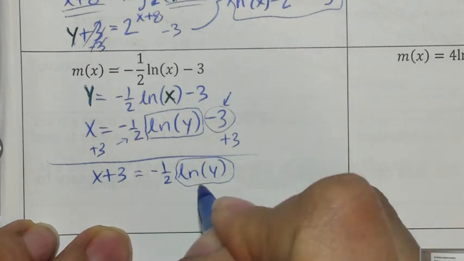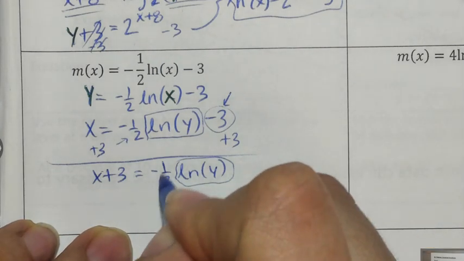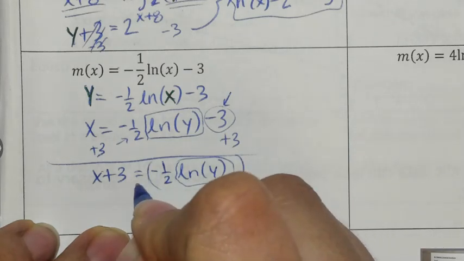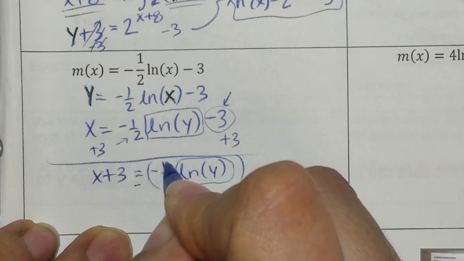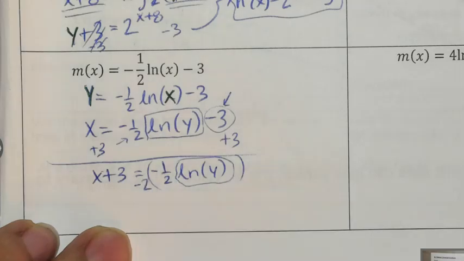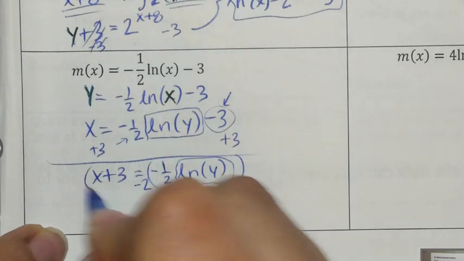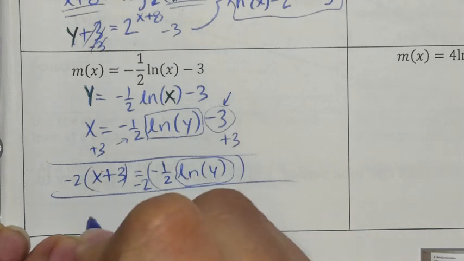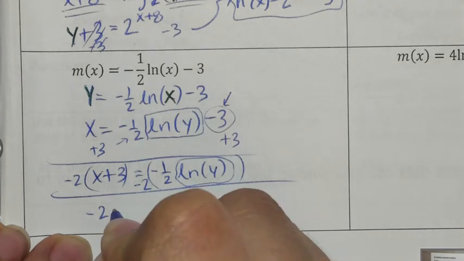We can either divide or in this case multiply. If we multiply this times a negative, it gets rid of the negative, and then 1/2 times 2 will give you a whole number, which is 1. So we're going to multiply this also by negative 2. That will give us negative 2.